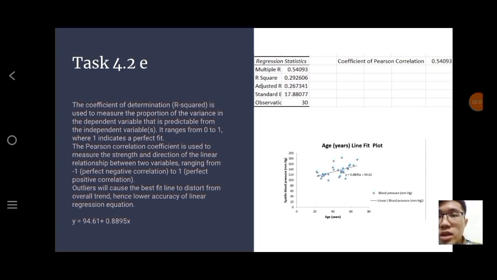By using the data set, we can calculate beta 0 and beta 1, and get the linear regression equation, which is y equal to 94.61 plus 0.8895x. Using that, we can predict the dependent variable.